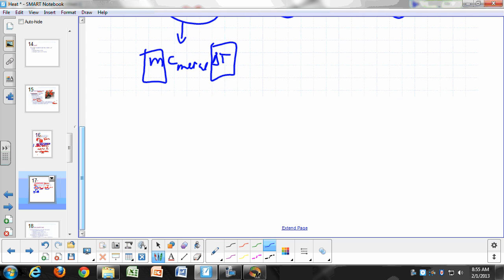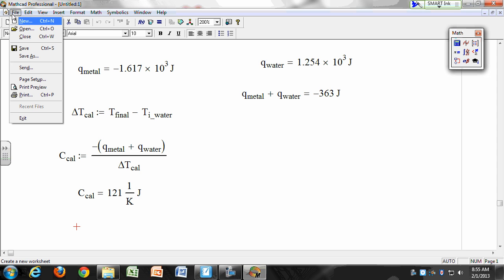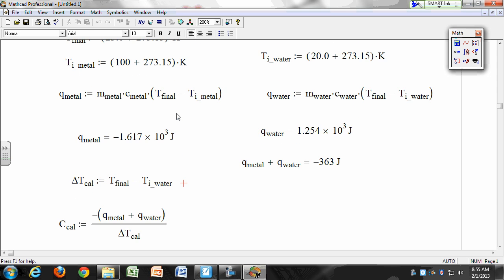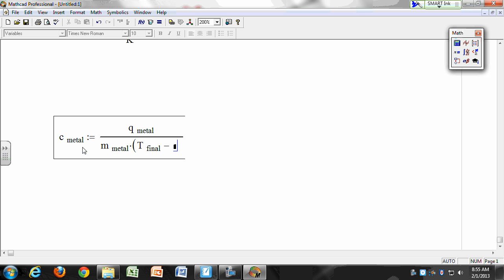So you can say, all right, let's do that on MathCAD. You can say that C metal equals, what's the formula? Q metal divided by mass of the metal times T final minus T initial of the metal, right? But our Q metal is going to be different this time.